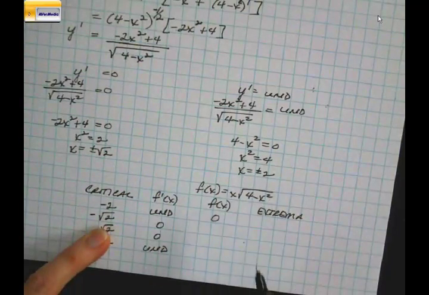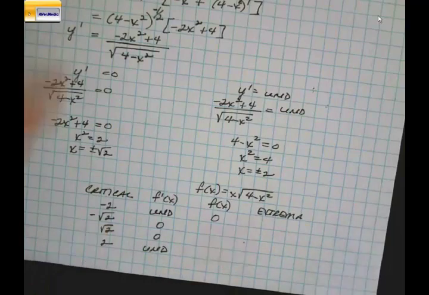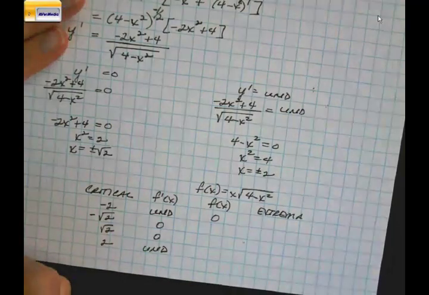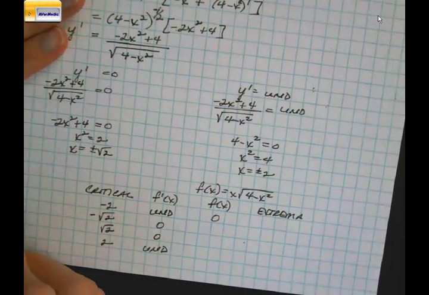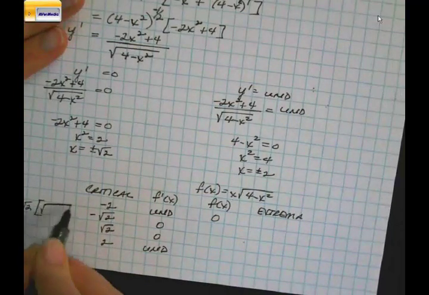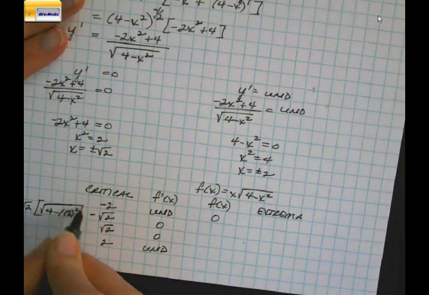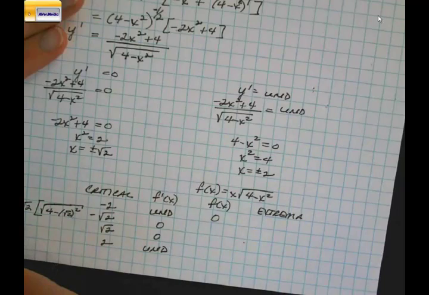Oh dear, I don't know if I can do that in my head. F of a negative square root of 2 would be a negative square root of 2 times the square root of 4 minus the square root of 2 squared. Which is a negative square root of 2 times the square root of 4 minus 4, which is 0.